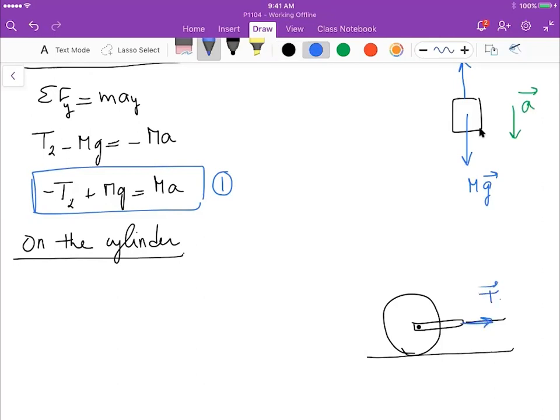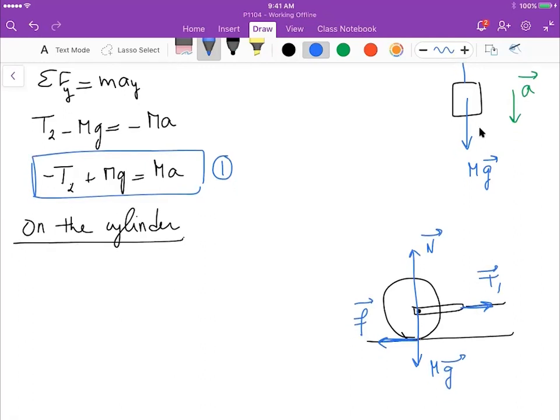This is T1. This is the weight mg acting on its center of mass. We have the normal force, which I'll call N. And we have the force of friction, static friction F, pointing to the left, applied at the point of contact between the cylinder and the surface.